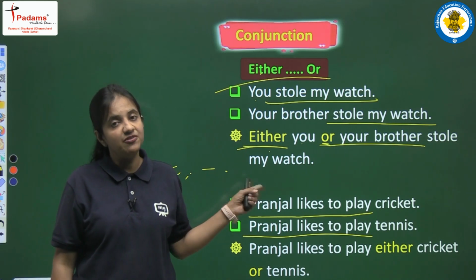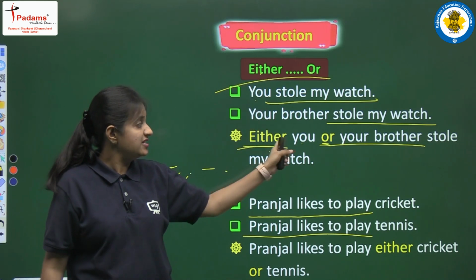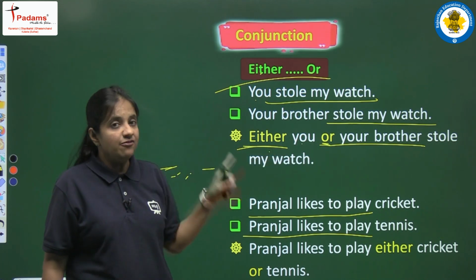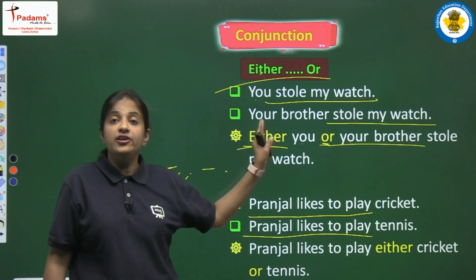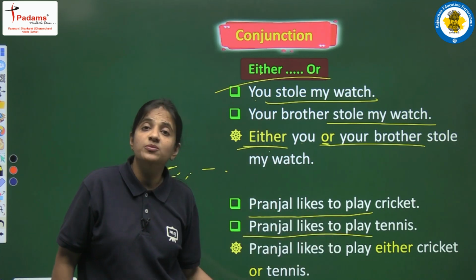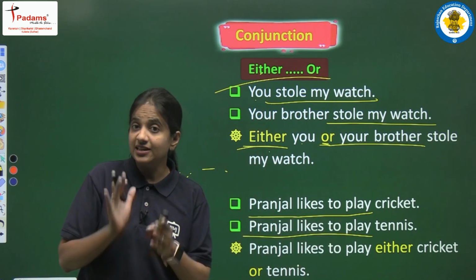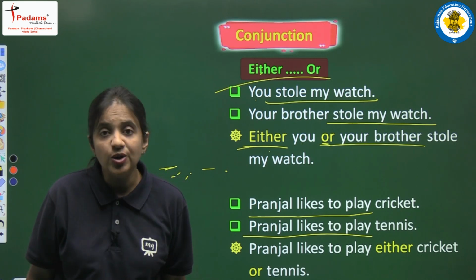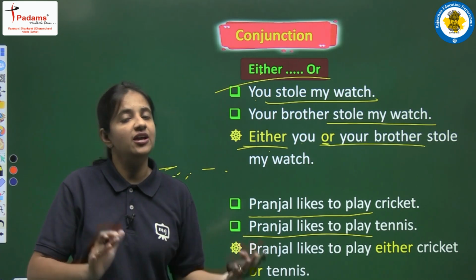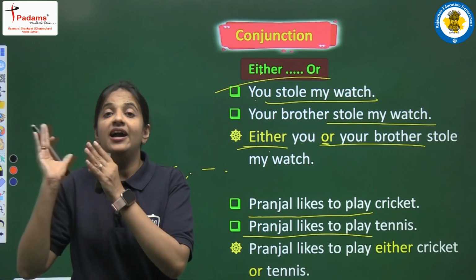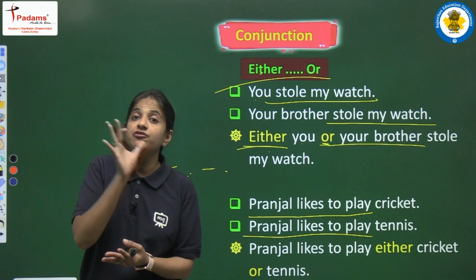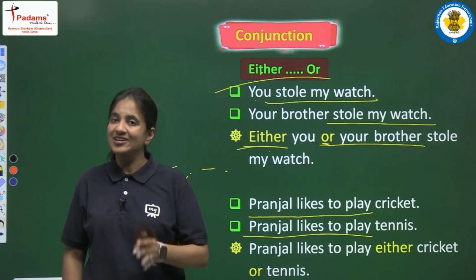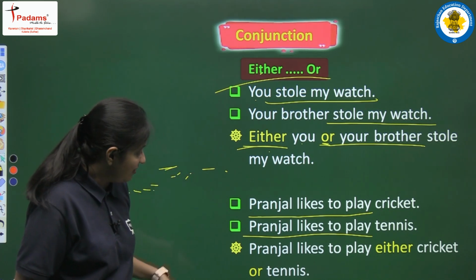If the subject is different, use the conjunction to join the subject, like we are having here. If the subject is common, then write the subject one time only and use the conjunction to join the object. So first of all, read the sentence very carefully and try to understand what part is common and what part is totally different, and learn this thing that all the conjunctions are used to join the different parts of the sentence.